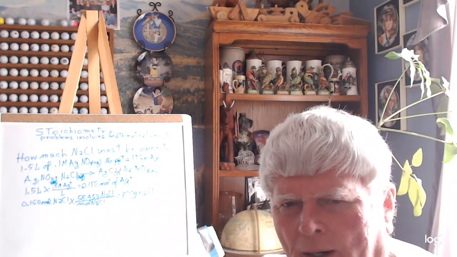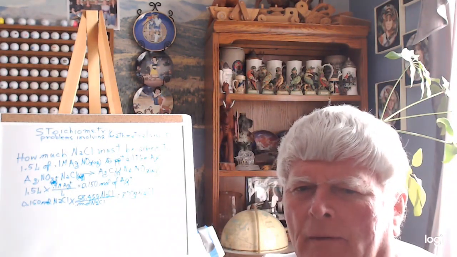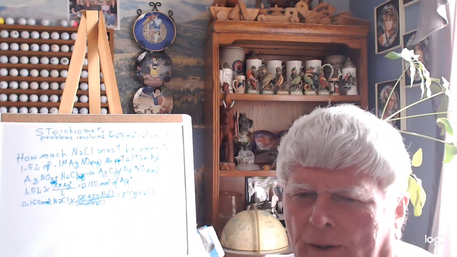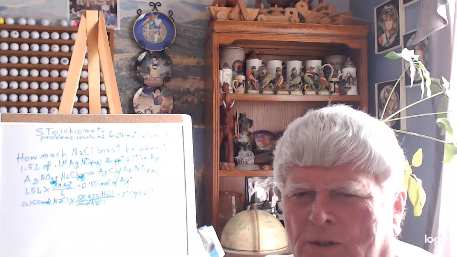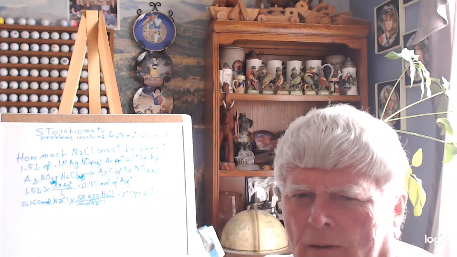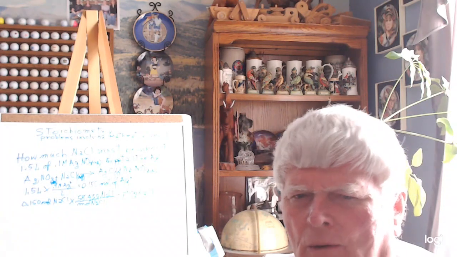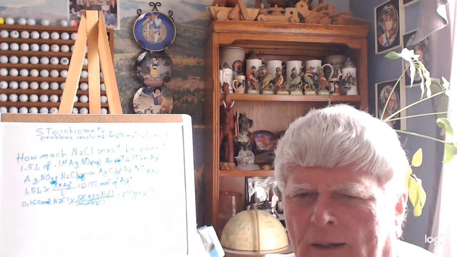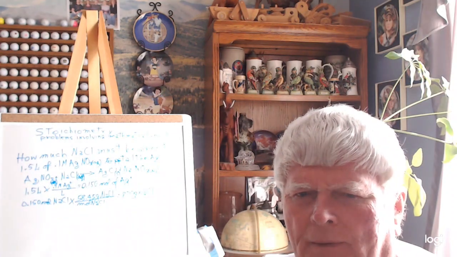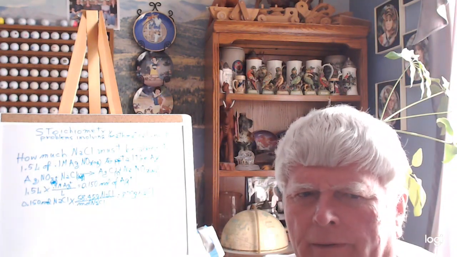A wise move is to go out, heck, even buy yourself a periodic table, or find some other person who has an old science book. Almost every science book has a periodic table in it, where if worst comes to worst, go online and find a periodic table of the elements and download it.